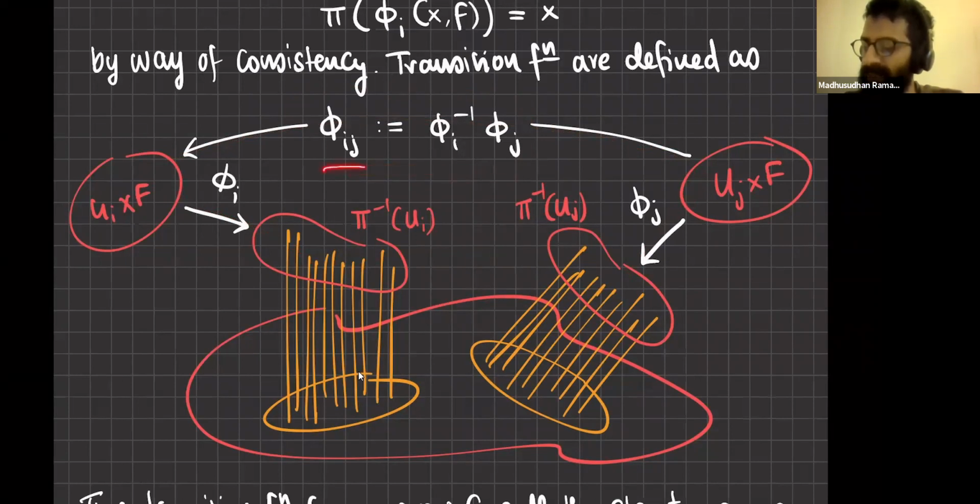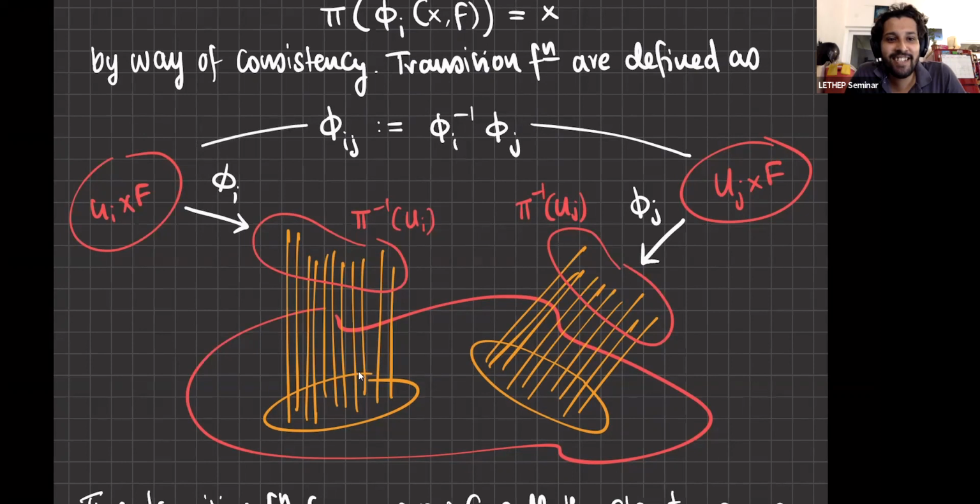So when I write phi ij, what I mean is phi j. So the order in which it is acting, is this correct? Aren't your arrows in the wrong direction? Yeah, I think it might be in the wrong direction. Sorry about this.